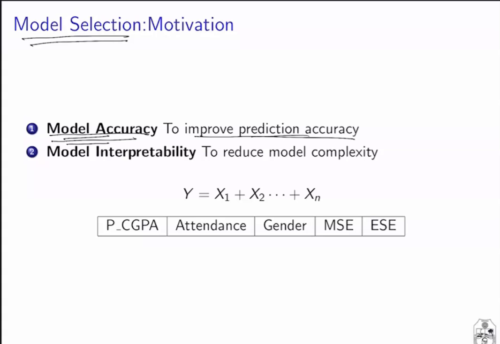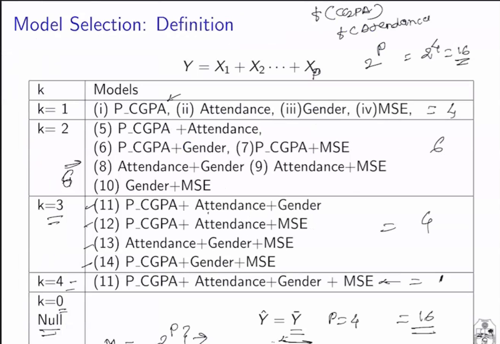The second objective of the model selection process is to reduce the model complexity or to improve the model interpretability. To reduce the model complexity means that using the smallest number of features, we want to improve the prediction accuracy. When we are using only one single variable, that model is a very simple model as compared to one using more variables.